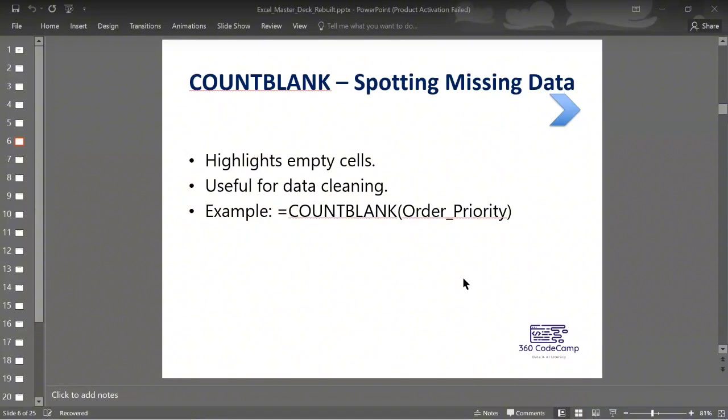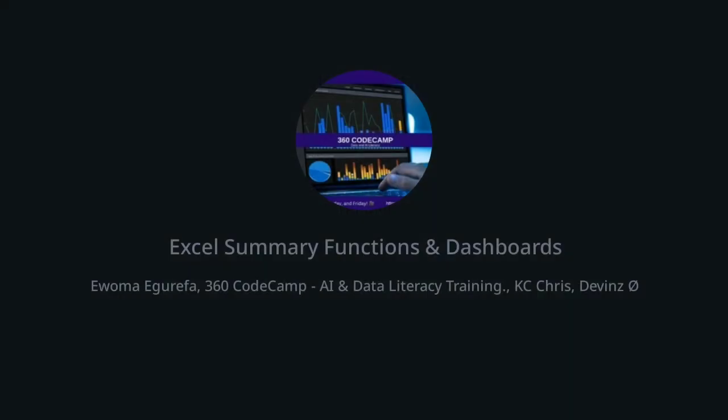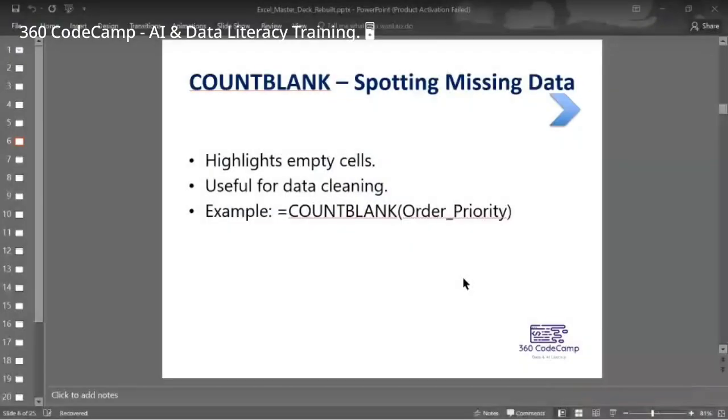It highlights the empty cells, and it is useful for data cleaning. When you want to clean data, you can use it to know how many cells in your data are empty, so you can remove or delete them.